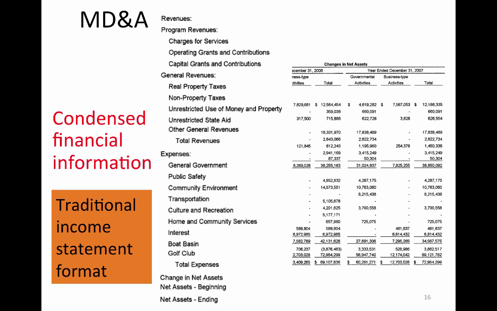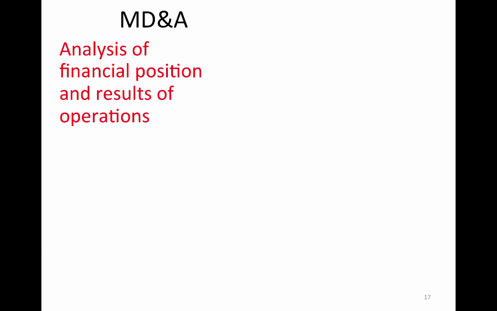But you can see this will start with revenues and give you a total for revenues, which there actually isn't in the statement of activities. Then total expenses, and then change in net assets, or change in net position for the period. That phrase is out of date. I really need to update this slide.